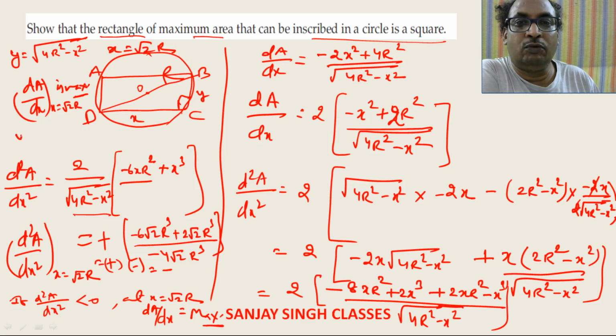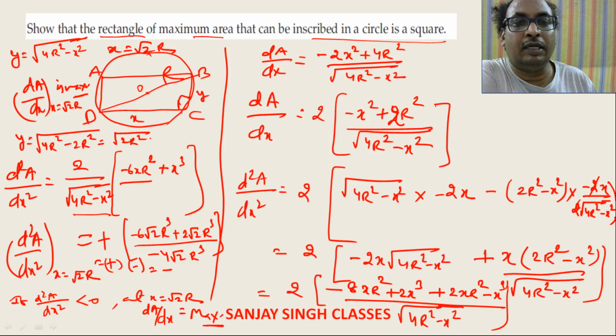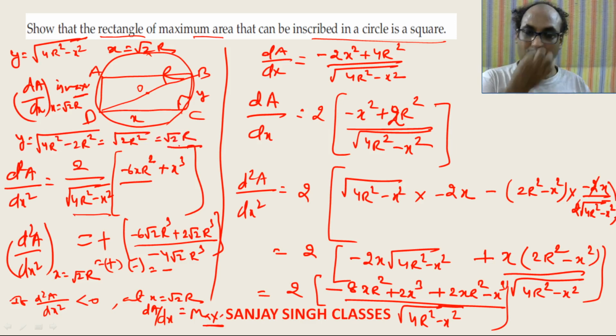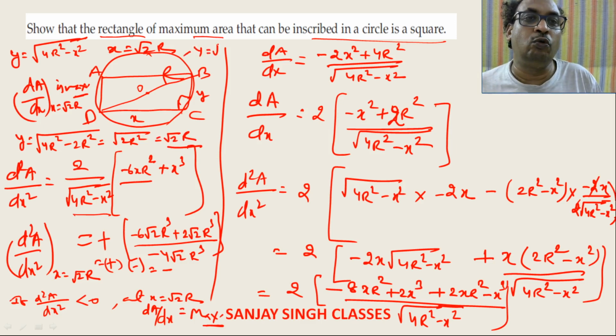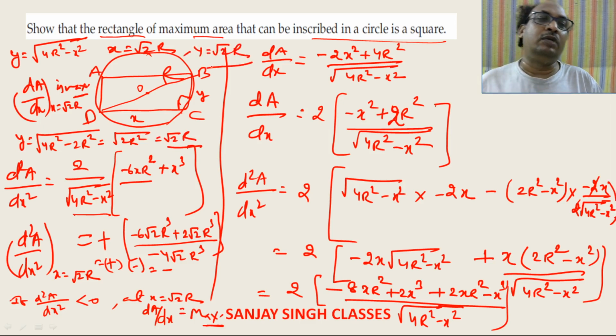So y is equal to, again we will place 4r square minus 2r square. So it will be giving root 2 r square, that is root 2 r. It means x is equal to root 2 r, y is also equal to root 2 r. So it means this rectangle ABCD is actually a square.